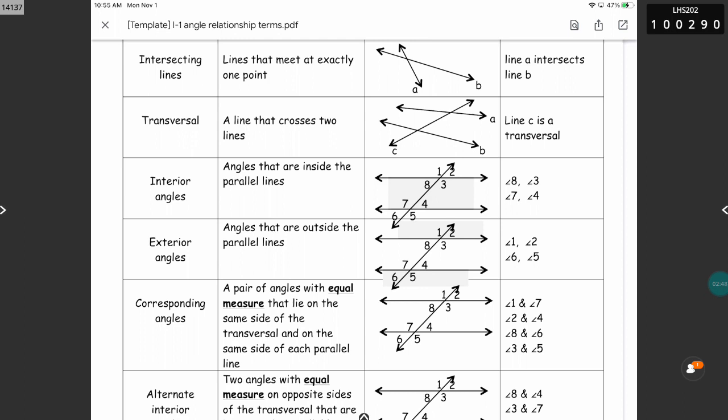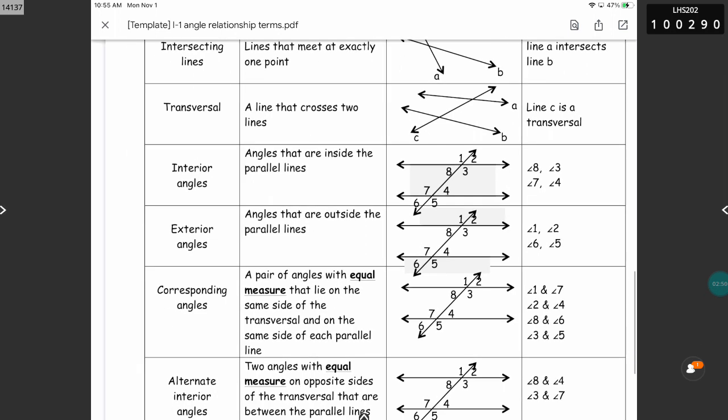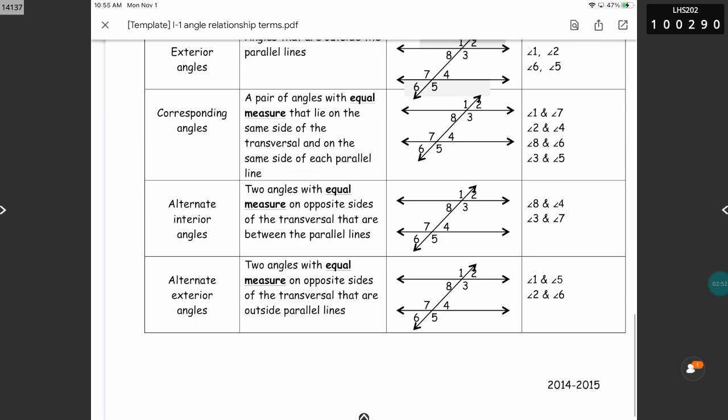Corresponding angles is a pair of angles with equal measure that lie on the same side of the transversal and on the same side of each parallel line. So corresponding angles are in the same position. The reason why we do this right now is because if I would take this line right here, that has 1 and 2, right here, this top line, 1, 2, 8, and 3, and I would translate it to here, do you see that those angles would be exactly the same?